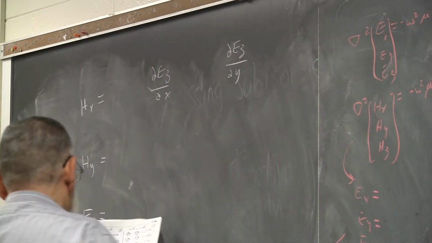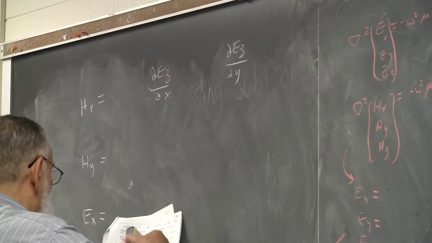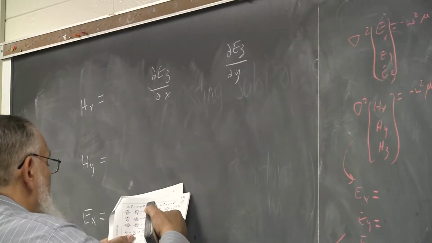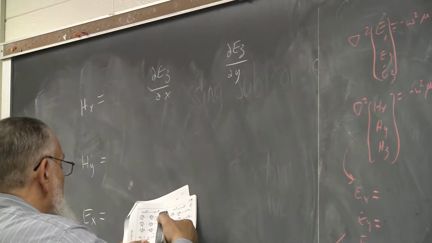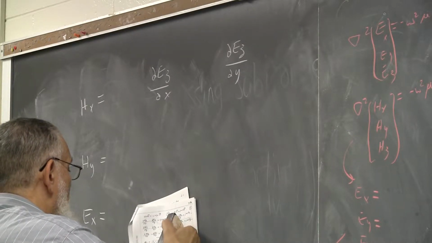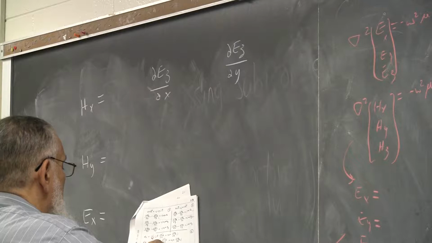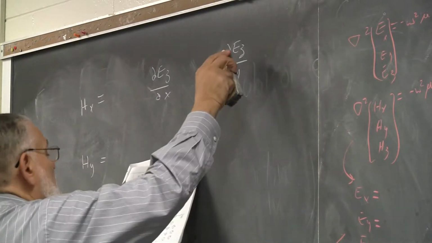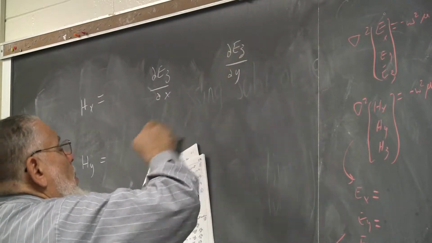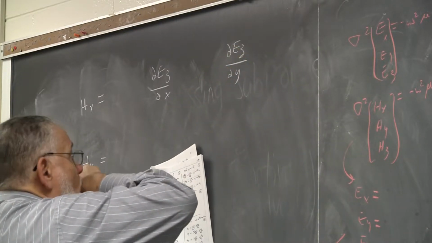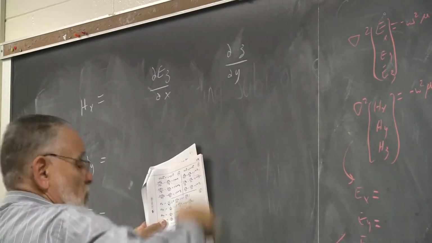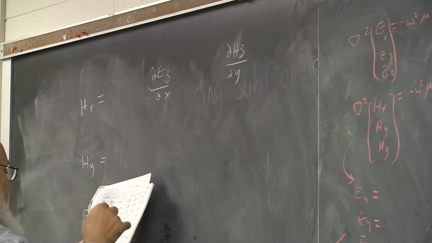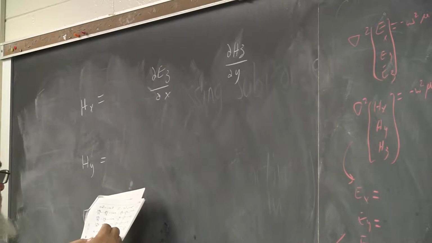It's going to be E sub x is equal to partial E sub z partial x and partial H sub z partial y. I got the final step here. That's H sub z. Final step.